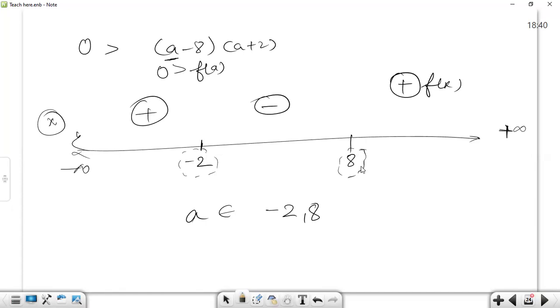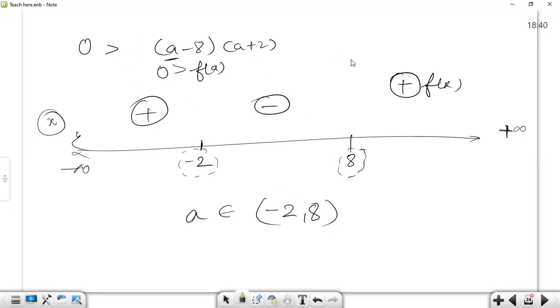There is no equality sign here, so we will not include them. If there was an equality sign present, only then are we going to include them. See why it is so?